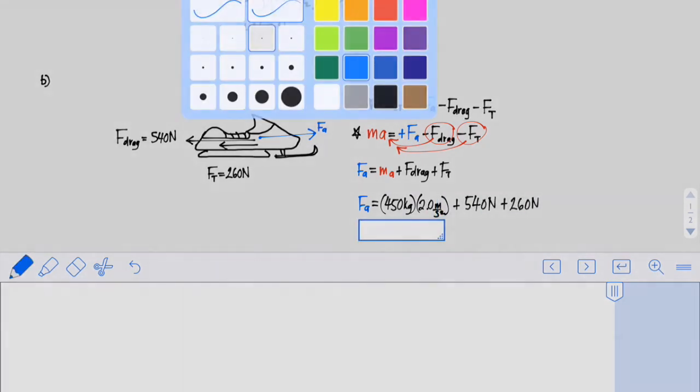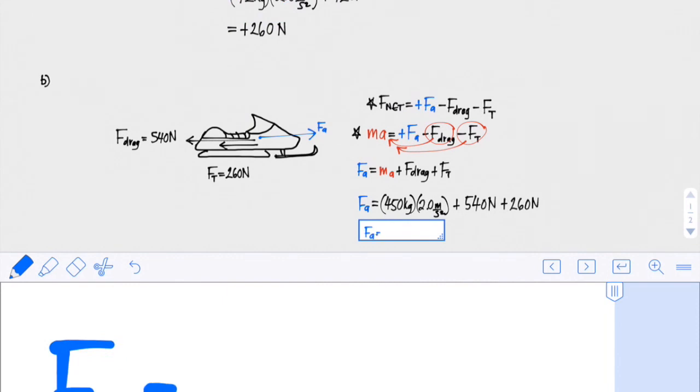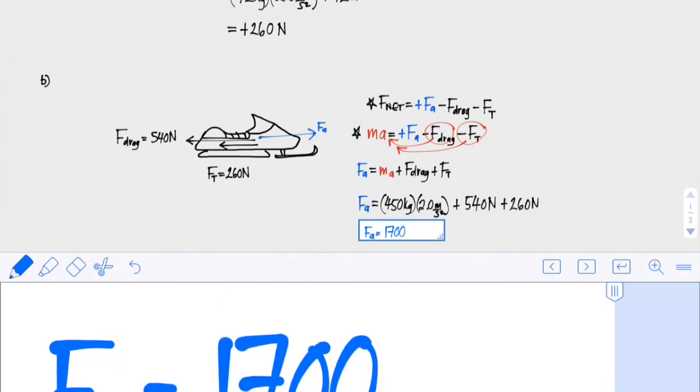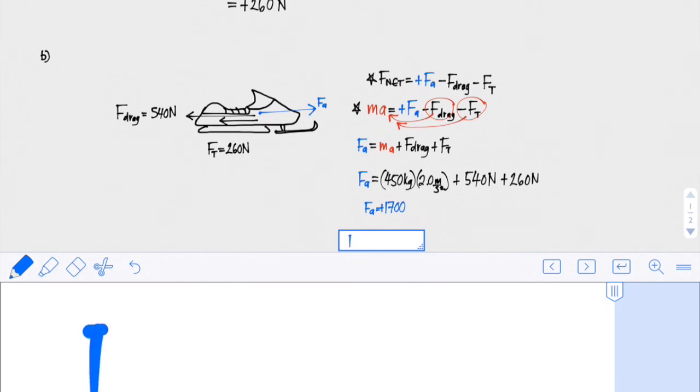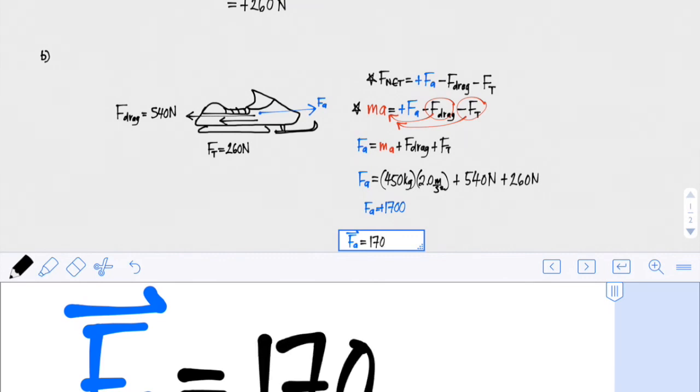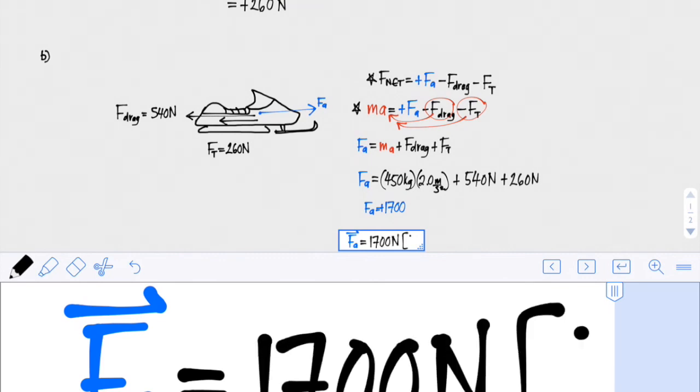If you punch this into your calculator, you should get positive 1700 newtons, and we can make a statement that says the applied force is equal to 1700 newtons forward.